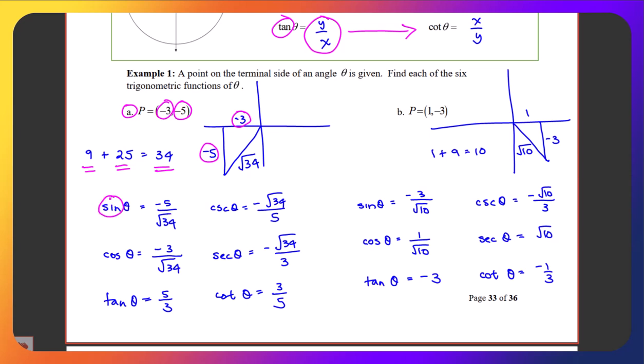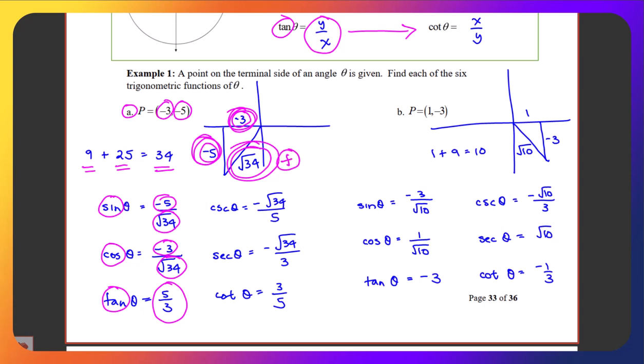So sine is opposite over hypotenuse, cosine is adjacent over hypotenuse, tangent is opposite over adjacent, or y over x. By the way, the hypotenuse or radius is always going to be positive. And then our reciprocals again: cosecant for sine, secant for cosine, and cotangent for tangent.